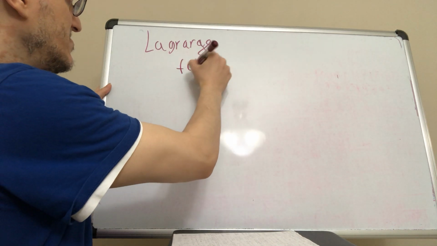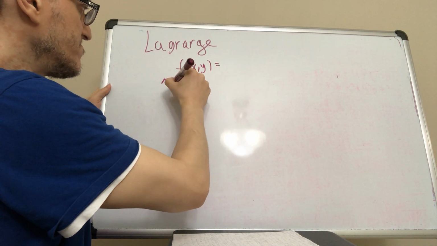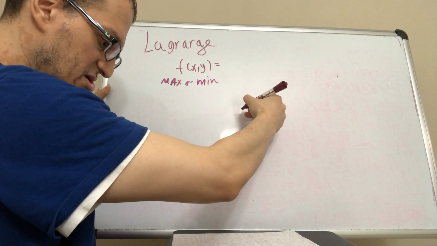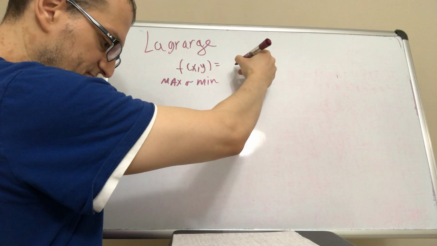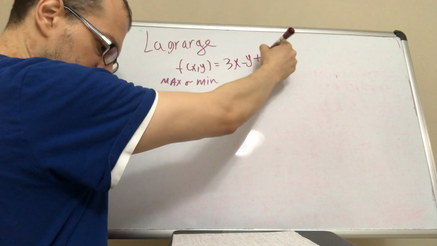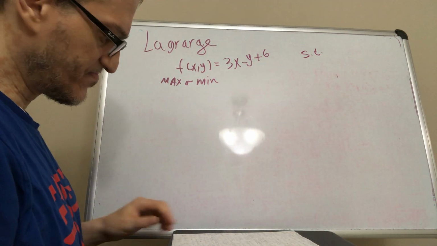Lagrange, you will be given a function either to max or min. In this question, it's 3x minus y plus 6. And you're given something called subject to.